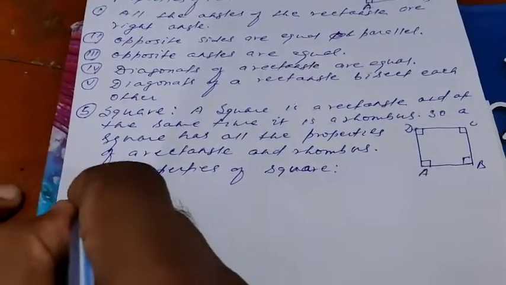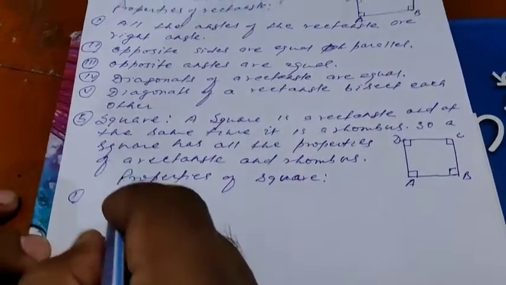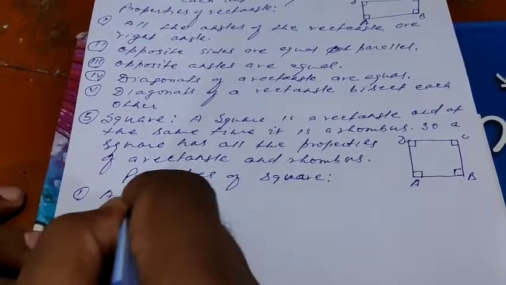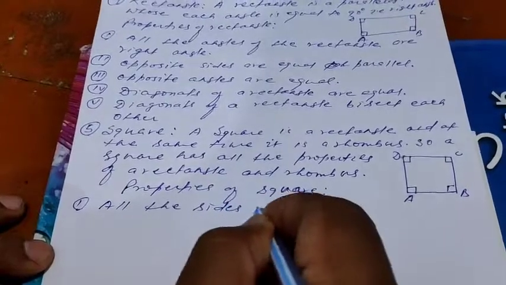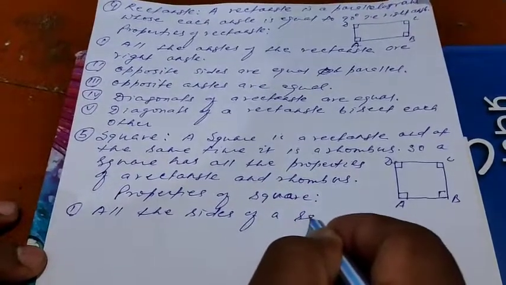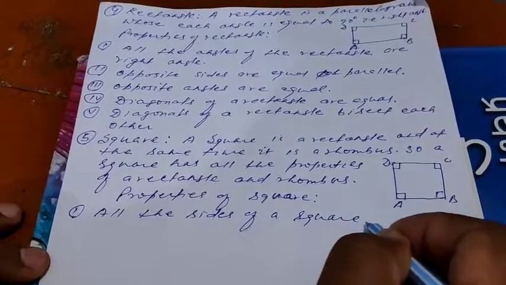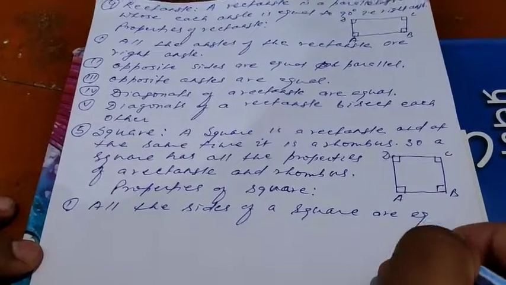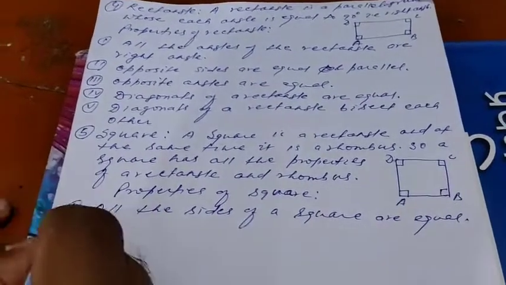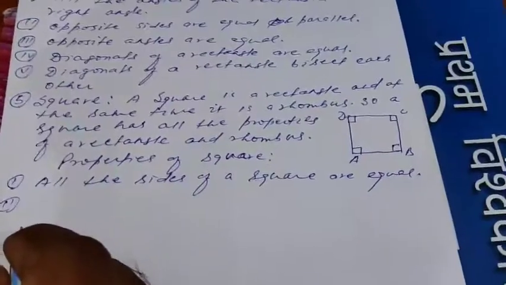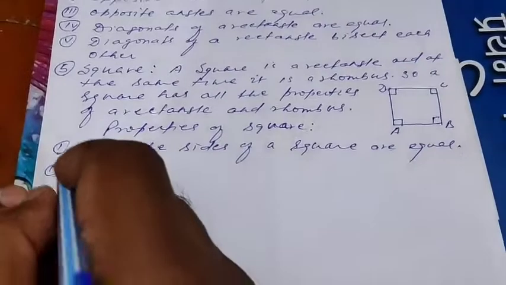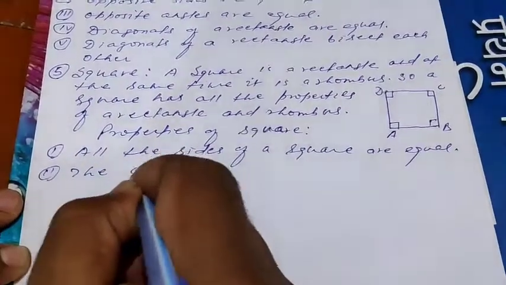First, all the sides of a square are equal. Second, the opposite sides are parallel.